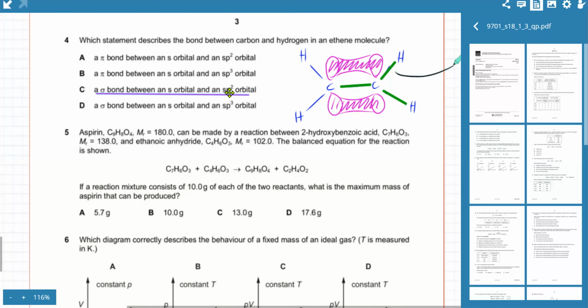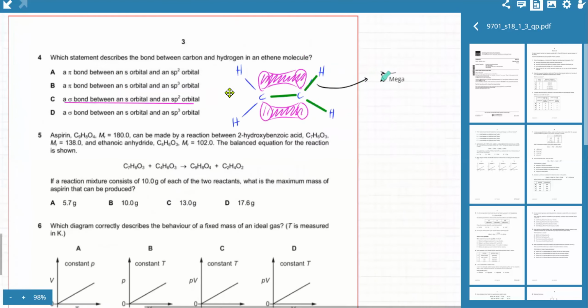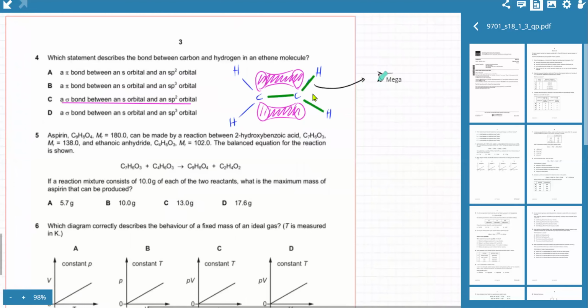Those are your normal sigma bonds, one over here, one over here, one over here. The pi bond is formed between the 2 carbon atoms, so he's not asking for that. He's asking for the bonding between the carbon and hydrogen atoms. Okay, is this clear?